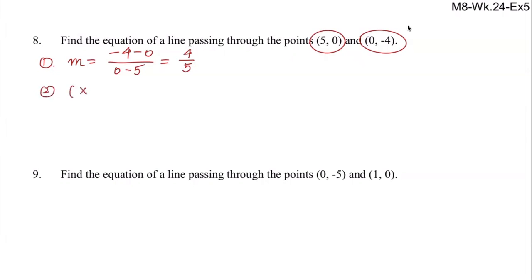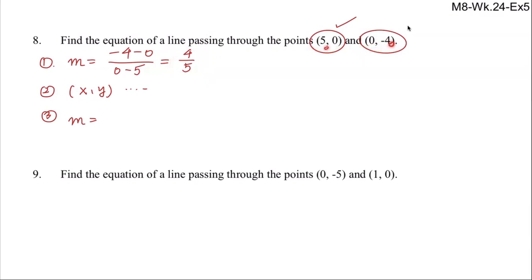We let x, y represent all the points on the straight line. Third step, we use the slope formula again. Let's use the first point. So now we have the slope and we have 2 points, right? We know that if we have the slope and 1 point, we can find the expression of the straight line, right? Now we have 2 points, which means we have more information than needed.